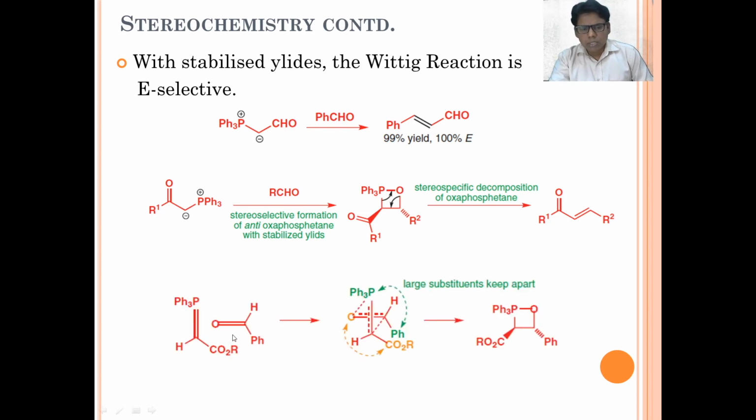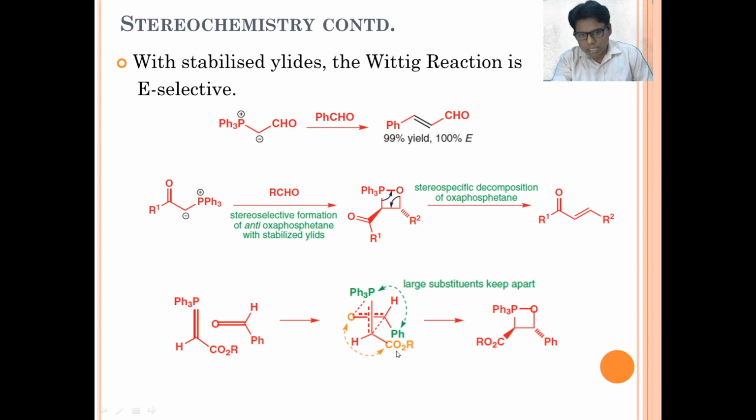So what is so different in this case? Here again, one is perpendicular to other, they are approaching each other, but the difference is that these bulkier groups are away, but this COOR group or CHO group or any other electron withdrawing group, it was this side in the earlier case, but since these groups were polar, this comes to this side.